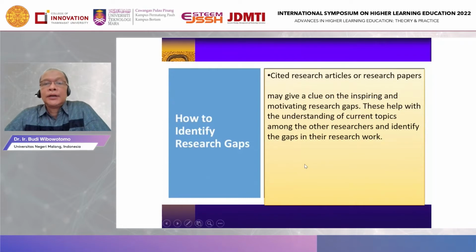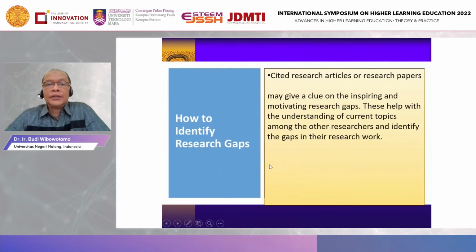And then the mainstream or common way to identify the research gap is a cited research article or research paper. I think the more good articles we read, the more we can sharpen our feelings and strengthen our passion to find the research gap.